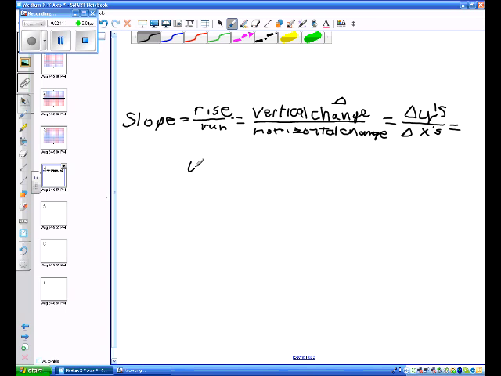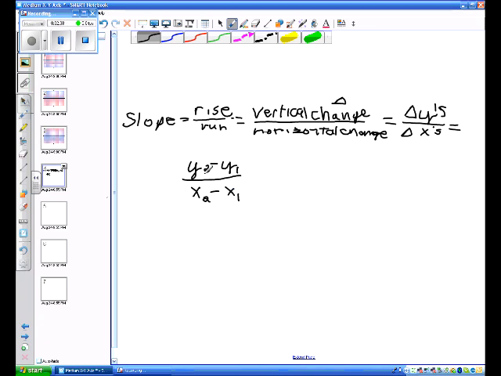So we can give it a formula: y sub 2 minus y sub 1 over x sub 2 minus x sub 1. It's important that this y and this x come from the same ordered pair.